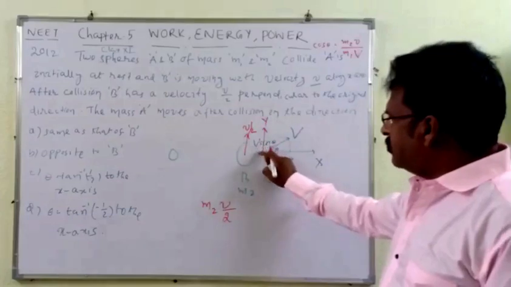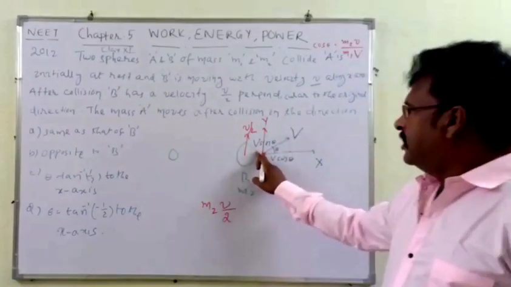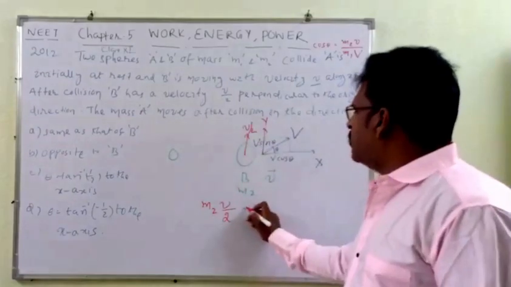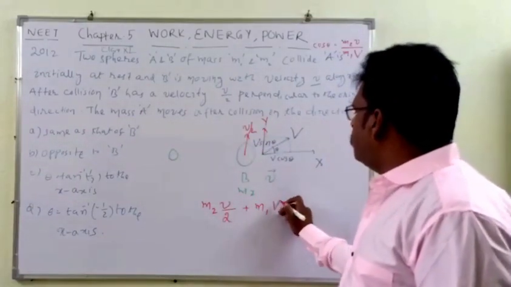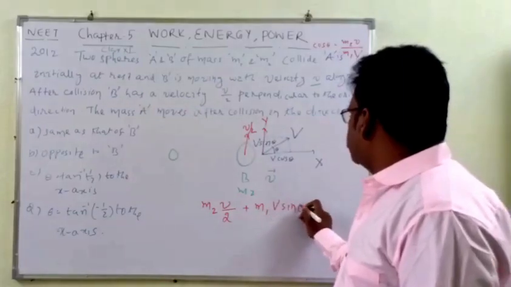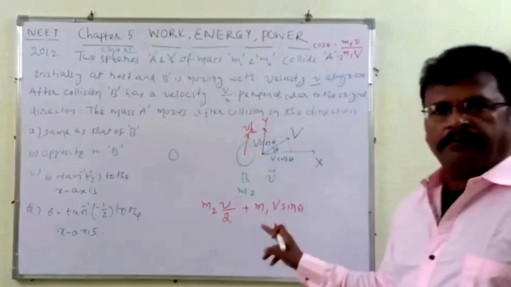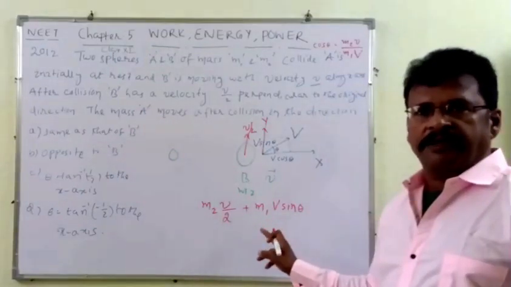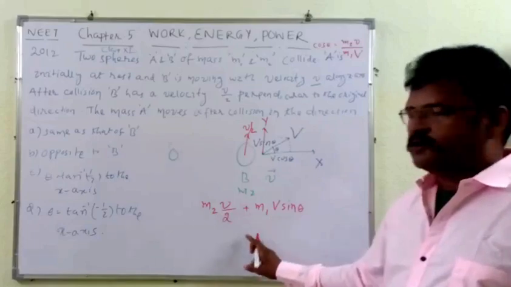We have found out, this is V sin theta, the velocity component of A along the y direction is V sin theta. So it has mass m1, so m1 V sin theta is equal to the sum of the components of linear momenta of body A and body B after the collision.